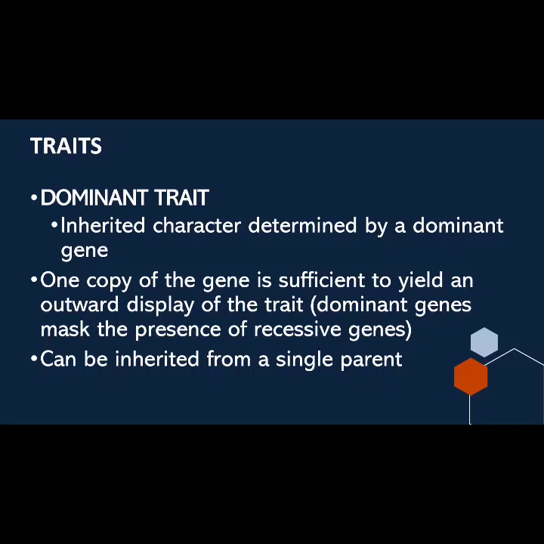When you say dominant trait, these are inherited characters determined by a dominant gene. One copy of the gene is sufficient to yield an outward display of the trait. It masks the presence of a recessive trait, and it can be inherited from a single parent.